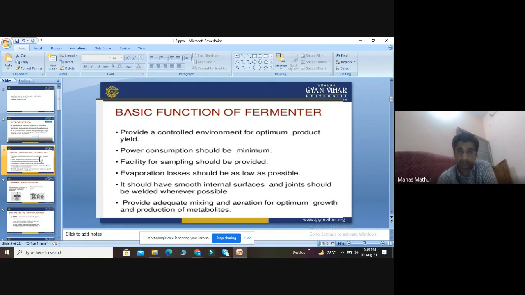Power consumption should be minimum, so when we are using a fermenter, we should provide a balanced controlled environment with minimum electricity. A facility for sampling should be provided.